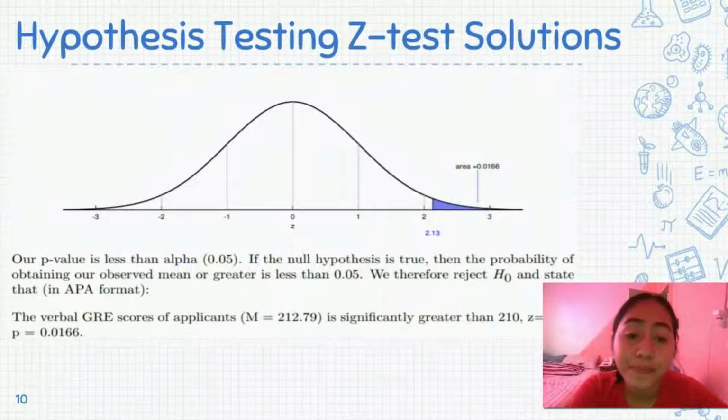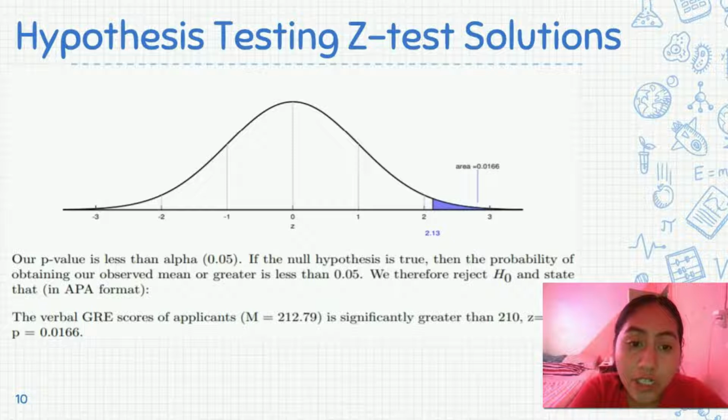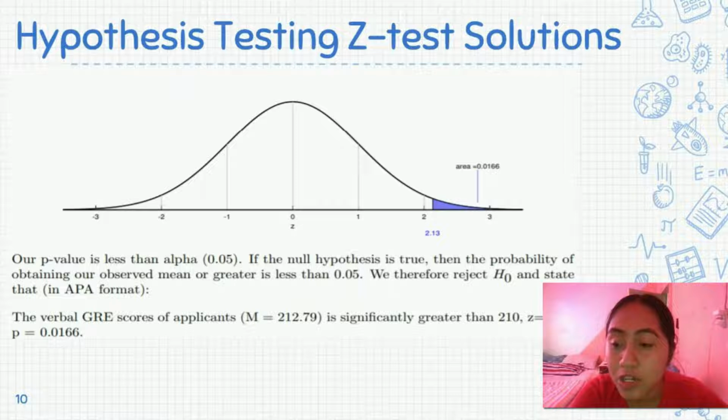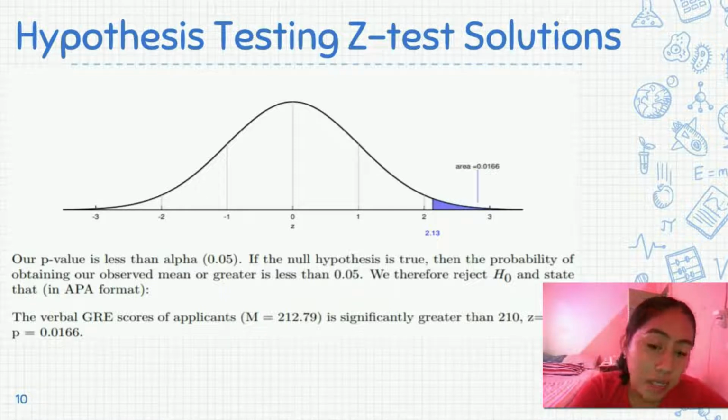And then looking at our graph here, we can see our 2.13 and the area of the p-value, which is 0.0166, in the shaded region. So our p-value is less than the alpha, which is 0.05. If the null hypothesis is true, then the probability of obtaining our observed mean or greater is less than 0.05.